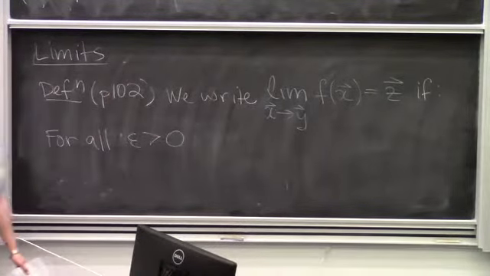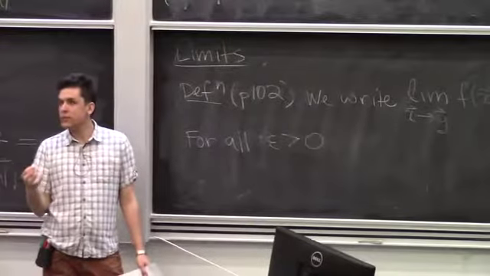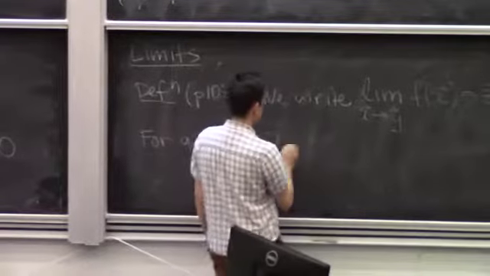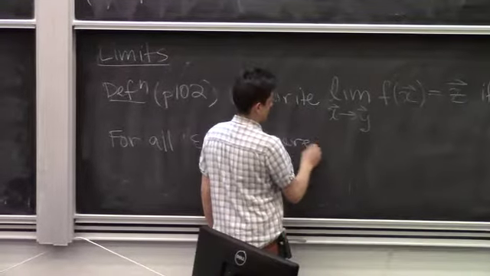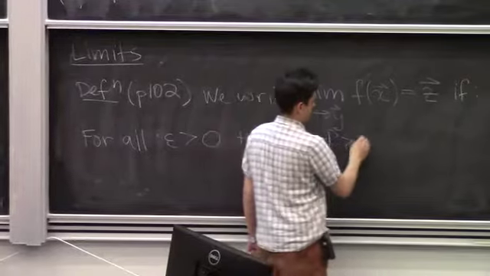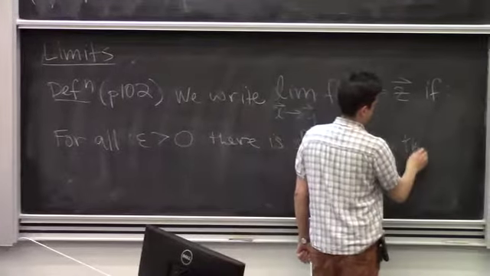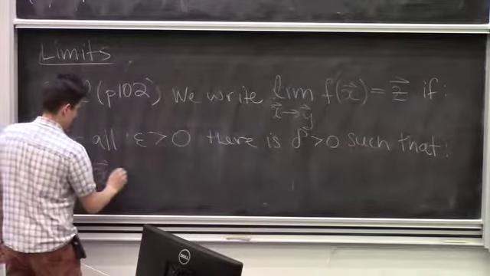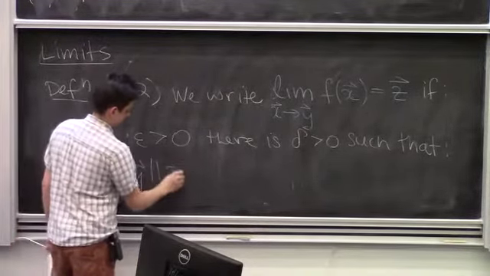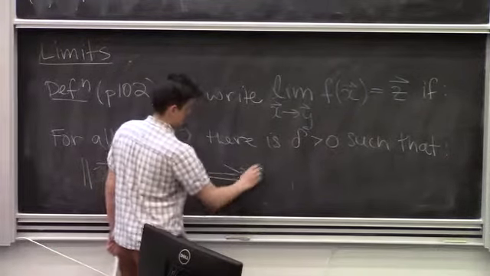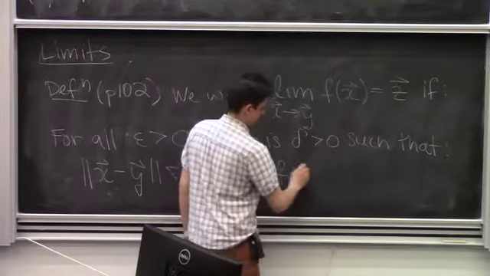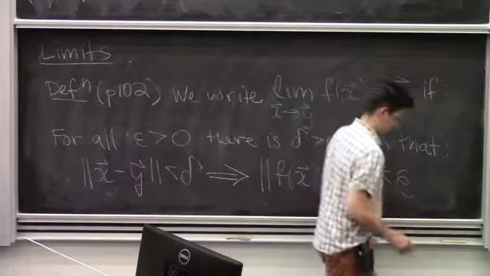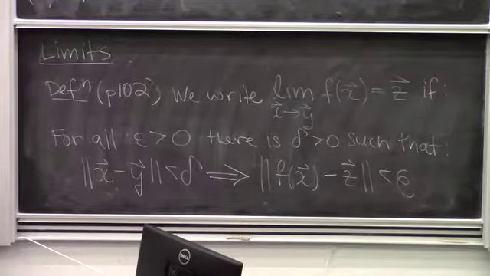And for folks who took A31, this will be a very familiar definition. If for all numbers epsilon bigger than 0, okay, so what's this saying?